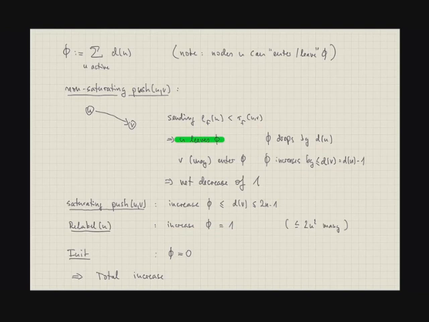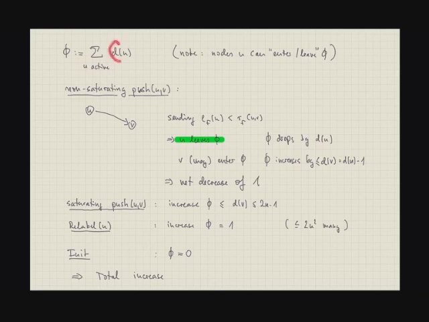Now, in order to finish the argument, I have to know what the value of the function is in the beginning. In the beginning, this potential function, and that's my claim, is equal to 0. Why is that? Well, because all the active nodes, that is all the neighbors of the source vertex S, actually have a label equal to 0.